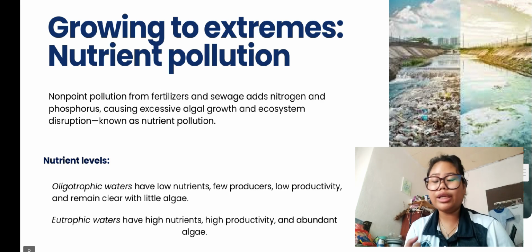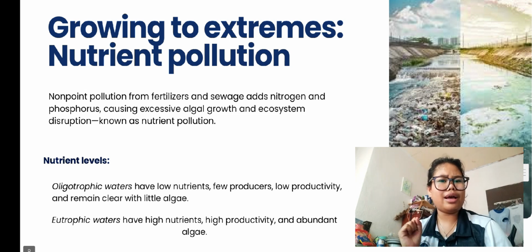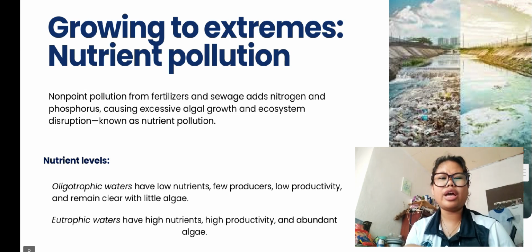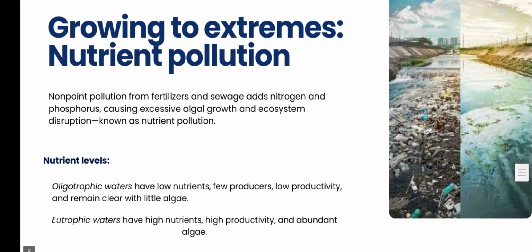Oligotrophic waters have low nutrients, few producers, low productivity, and remain clear with little algae. While eutrophic waters have high nutrients, high productivity, and abundant algae.